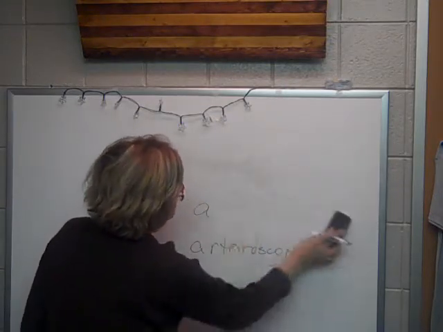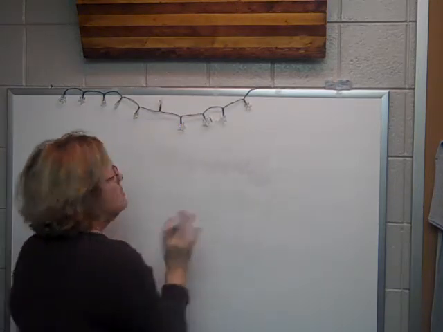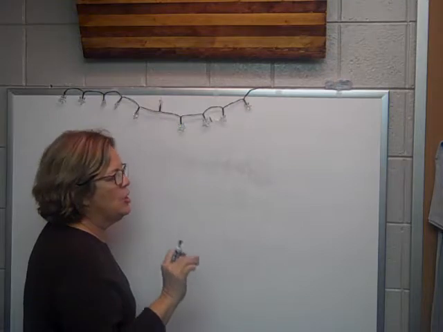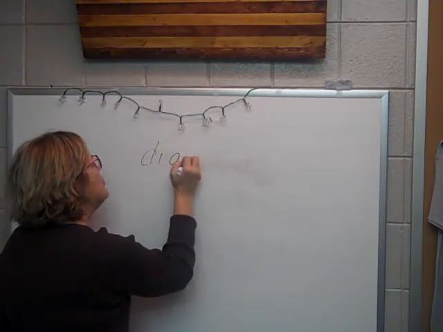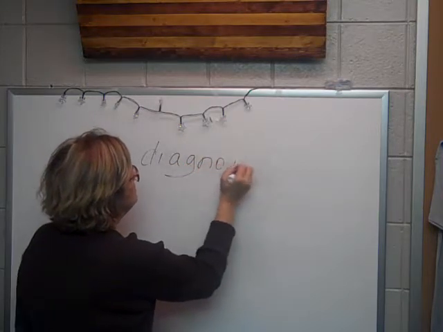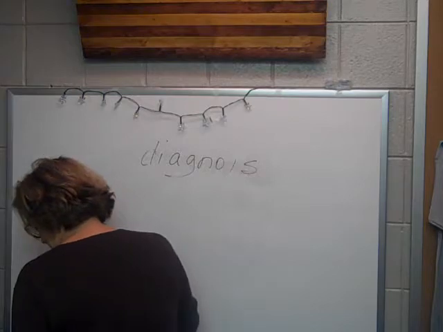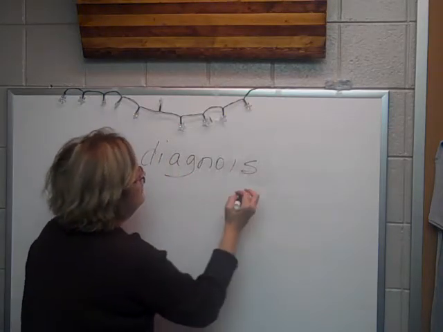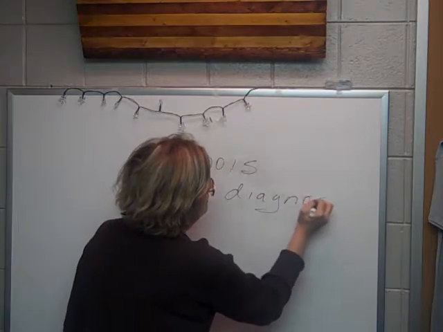Now, in most chapters of a text, when they talk about suffixes, they also talk about going from singular to plural. So, for instance, we have the word diagnosis. If we want to make it plural, then we do diagnoses.